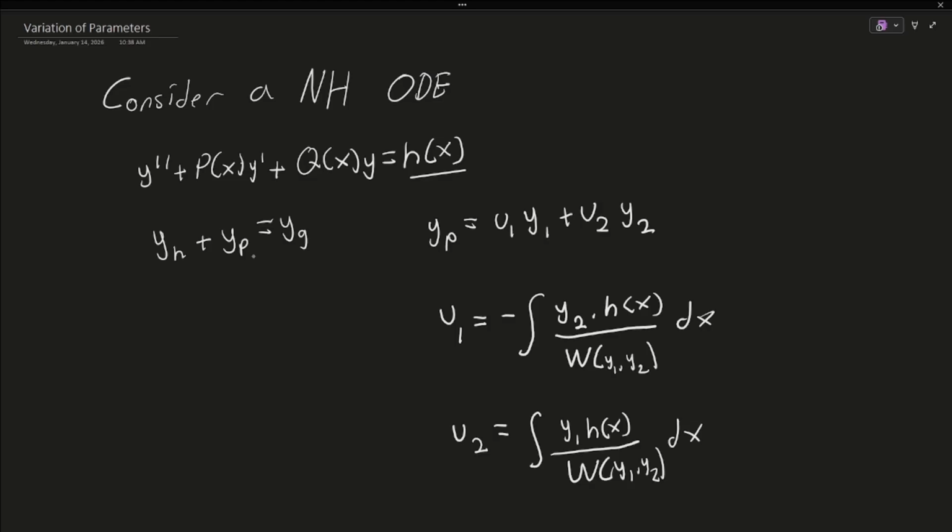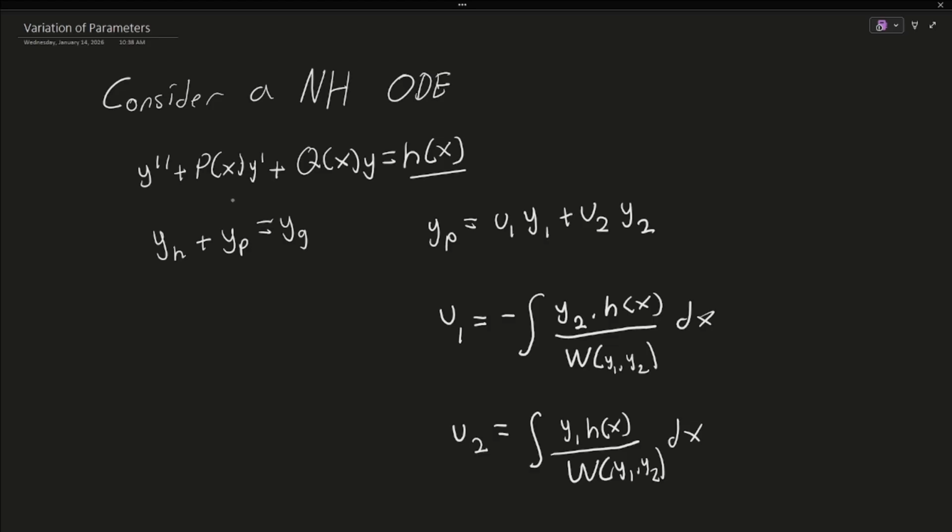Just like in the method of undetermined coefficients, our general solution will be y general equals yh plus yp, where yh is y homogeneous and yp is y particular. So what was y homogeneous?